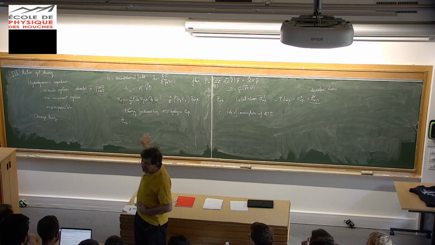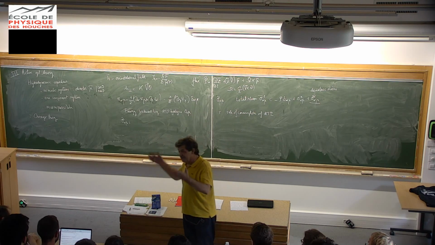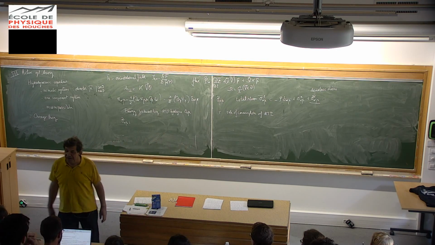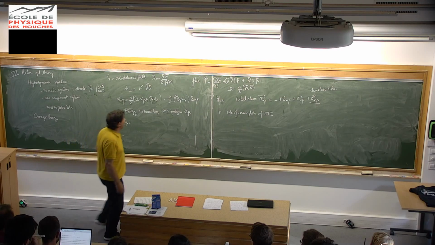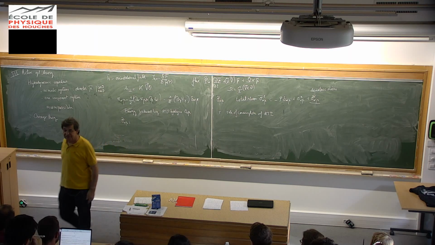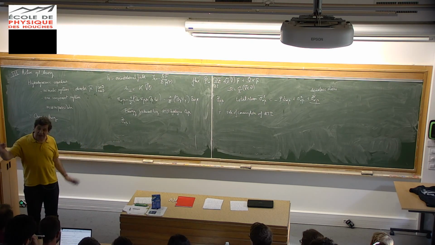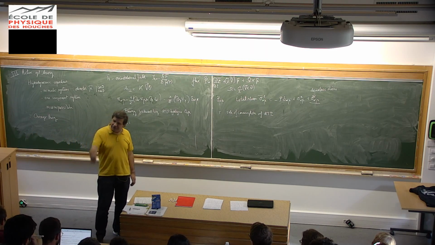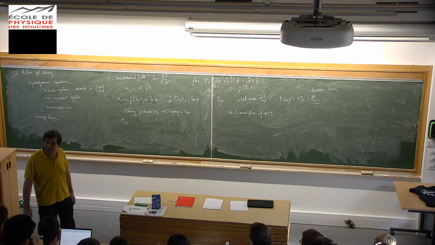Either you forget about the fact that momentum is conserved, and you write equations for active systems with non-conserved momentum, which is what Hugues was writing, for instance. Or you say everywhere except at the surface, momentum is conserved, and I write a boundary condition. And the boundary condition itself could be active, which means it can be friction, but it can also inject energy into the system from the surface, which happens for tissues.